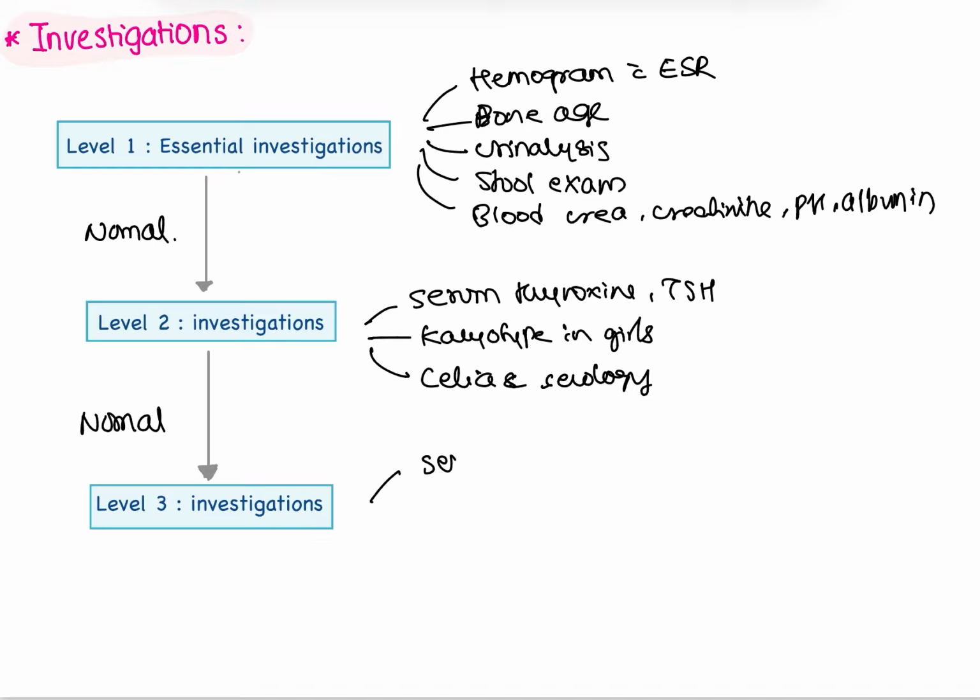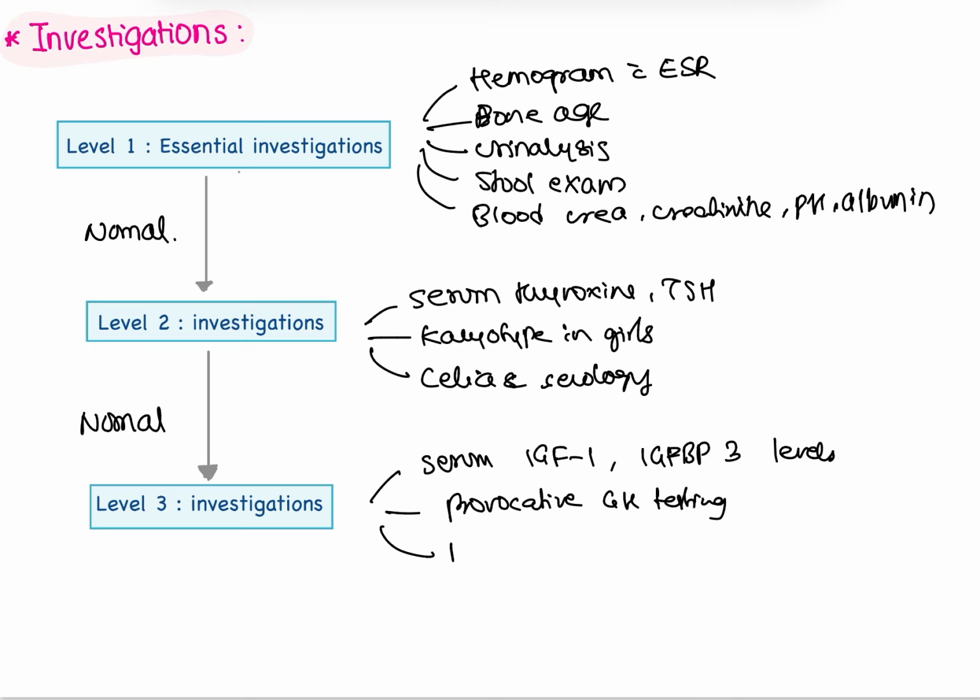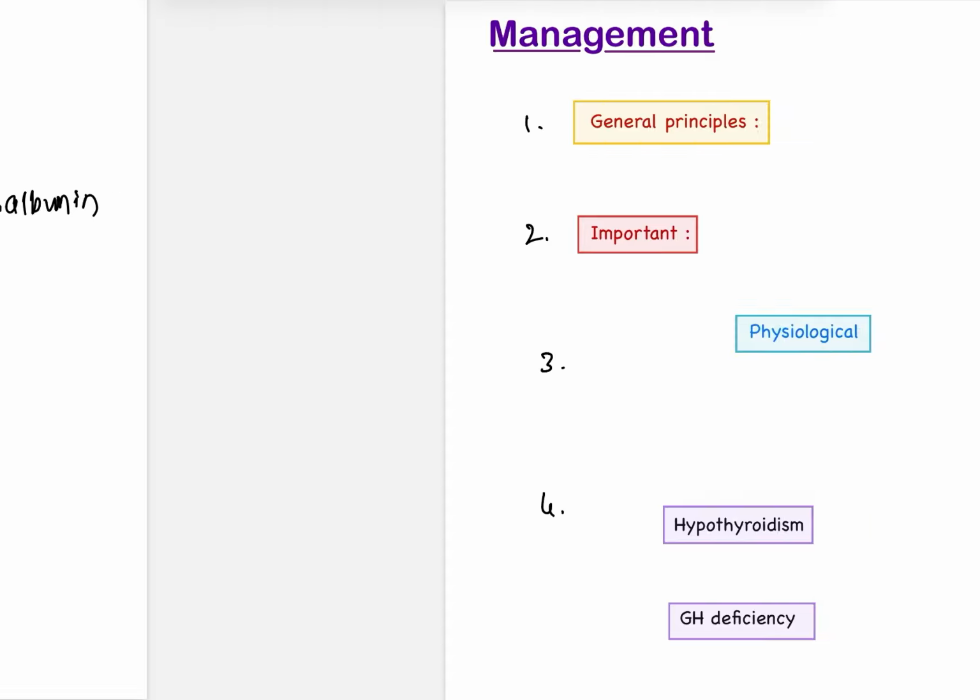They include serum insulin-like growth factor 1, insulin-like growth factor binding protein 3 levels, provocative growth hormone testing, and MRI brain. So, in this way, we have to perform the investigations.